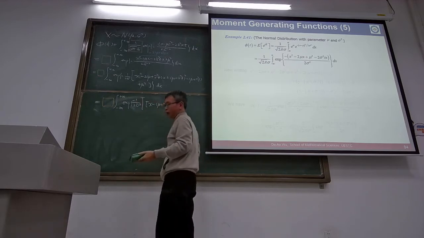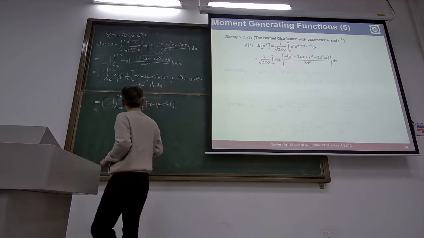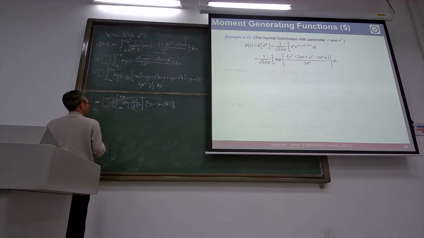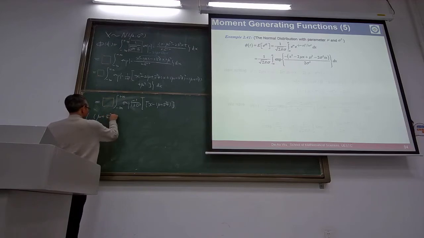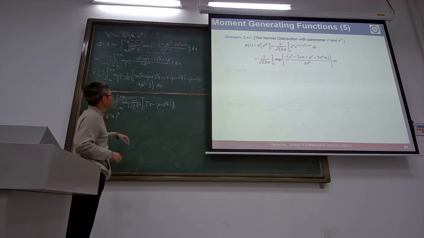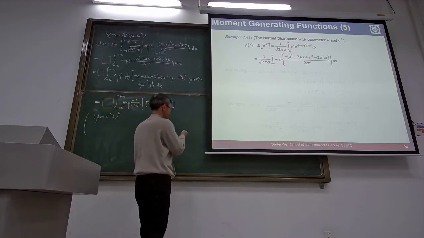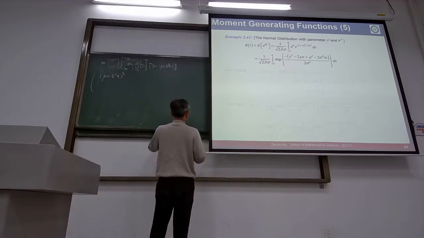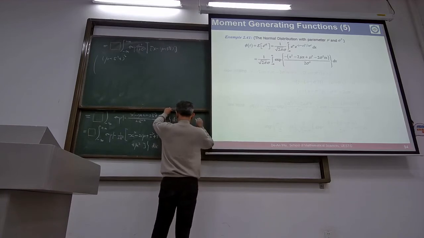Here you just need to simplify, namely mu plus sigma squared t. Add the term, minus term. Here we need to square.